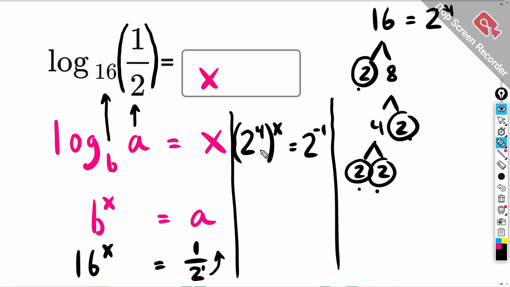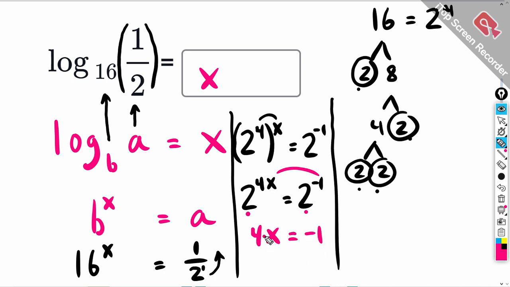All right, almost there. When you have something with an exponent raised to another exponent, you just multiply the exponents. So this is going to be 2 to the 4x. And that equals 2 to the negative 1. All right, since the 2s match on both sides, we can equate the exponents. 4x equals negative 1.